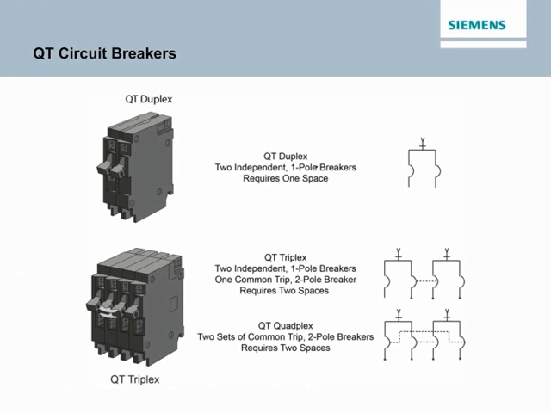Triplex circuit breakers provide a two-pole circuit breaker for 120/240 VAC circuits and two independent one-pole circuit breakers for 120 VAC circuits. Quadplex circuit breakers incorporate two common trip, two-pole circuit breakers for 120/240 circuits. Each quadplex or triplex circuit breaker requires two panel spaces.